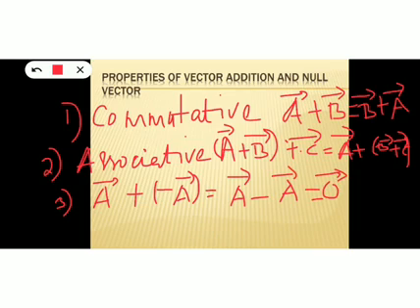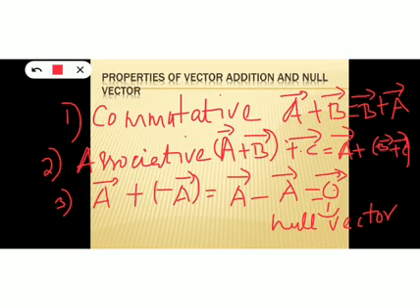This zero vector is known as the null vector. Since the magnitudes of the two vectors are the same but the directions are opposite, the resultant vector has zero magnitude and is represented by 0. So this 0 is known as the null vector.